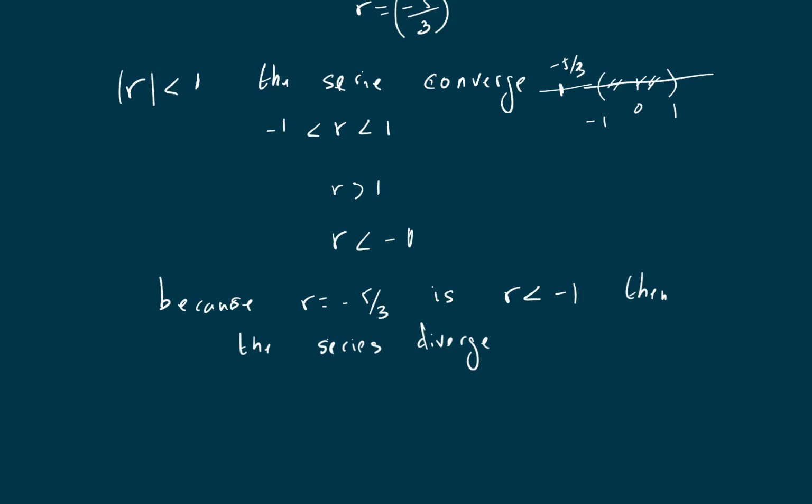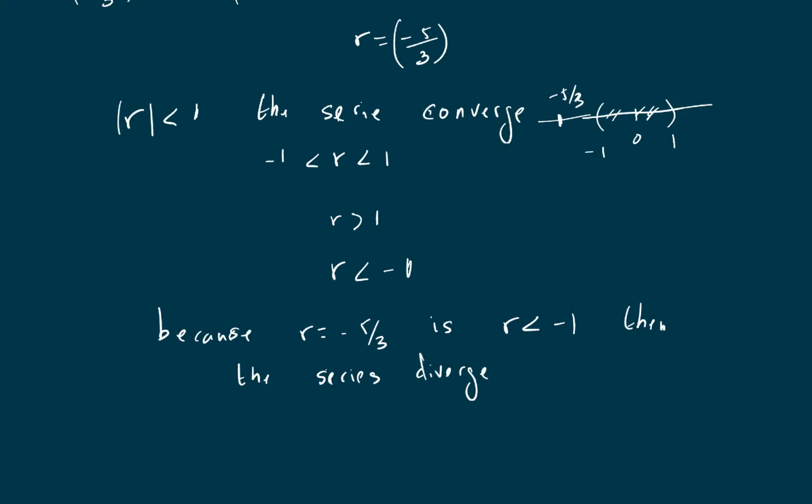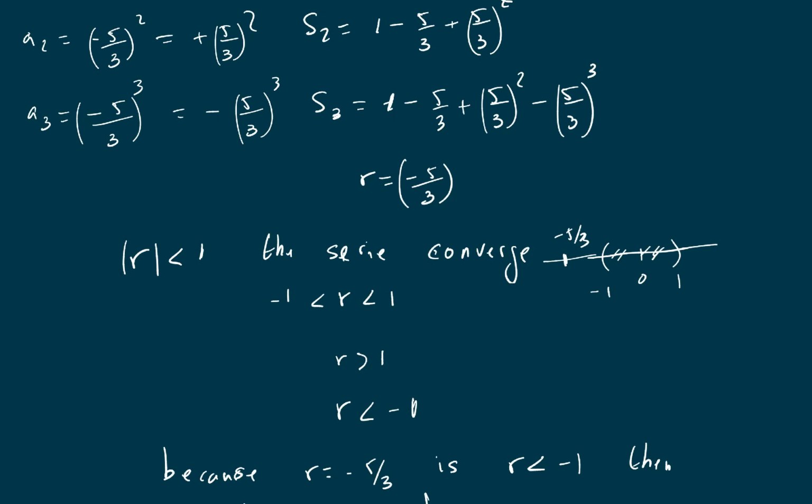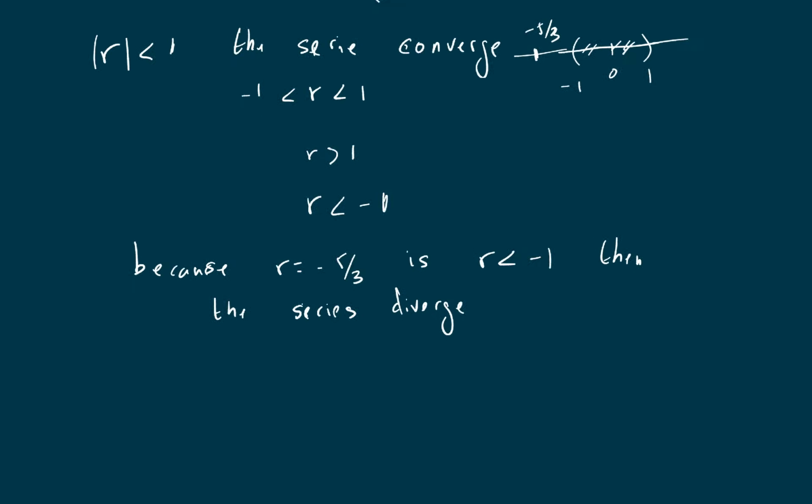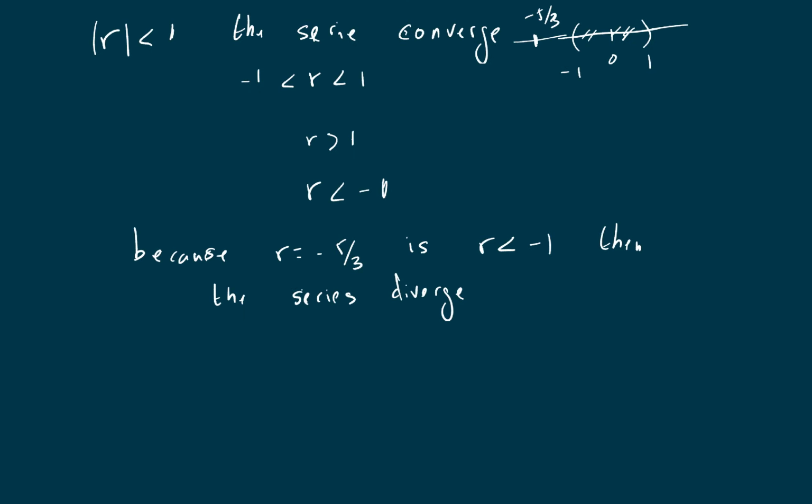This is an alternated series, and for an alternated series to converge, two things need to happen. One, the limit of a sub n goes to 0 when n goes to infinity.